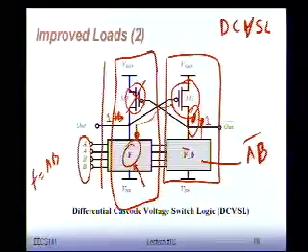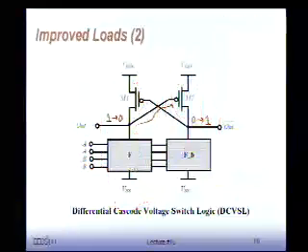So the beauty of this network is that it doesn't have static power dissipation. By using the feedback, look at this. Let's look at the condition 1 here, condition 0 here.